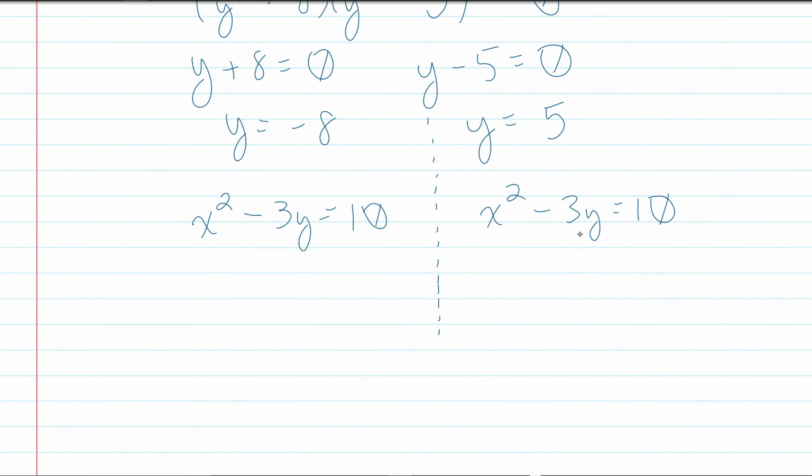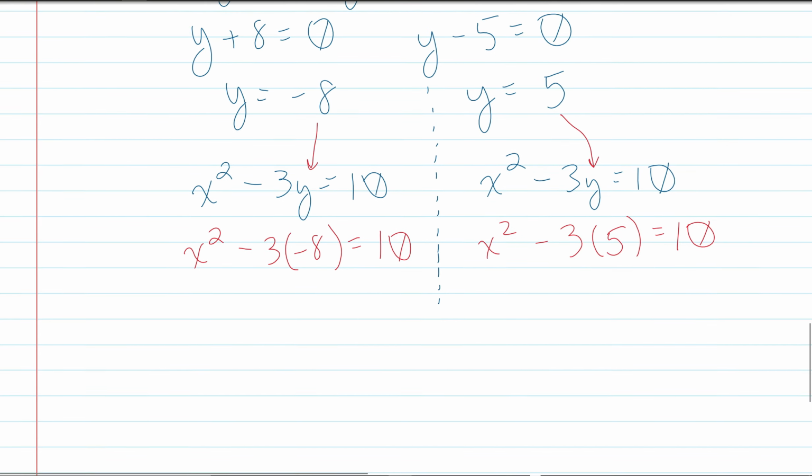Alright, so I'm just going to plug in for y, right? Because it says y is equal to -8. I'm just going to plug it in right there. So x squared minus 3 times -8 equals 10. And same thing with this side, x squared minus 3 times... and I apologize, for that right hand side, I'm plugging in a 5, right? Because y is 5.